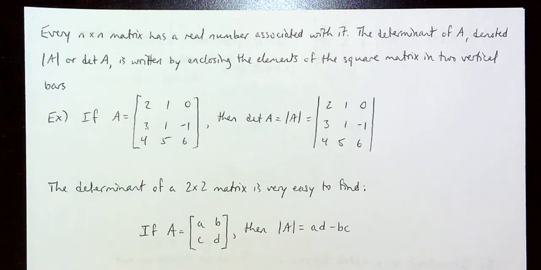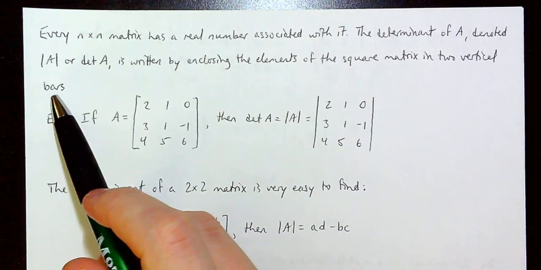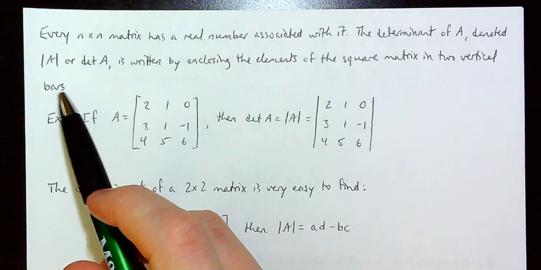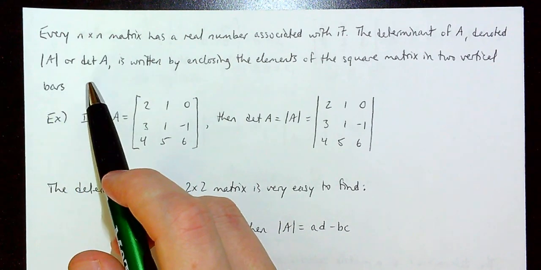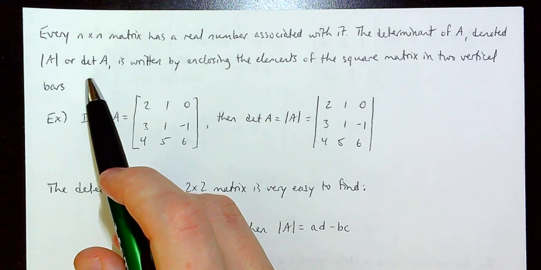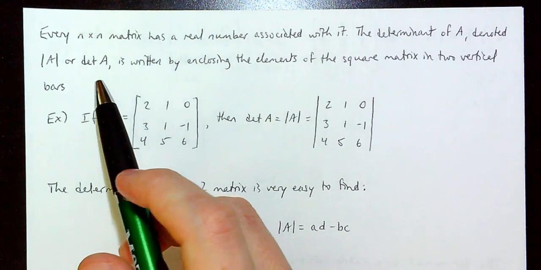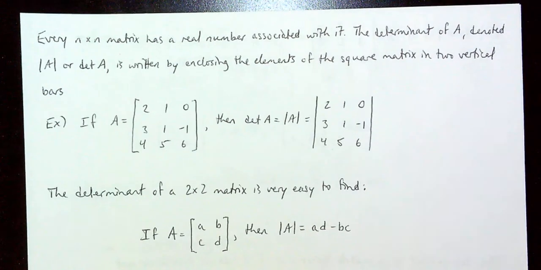The determinant of an n by n matrix A, which we denote by the absolute value of A, that's how this textbook has it noted, or if you read other textbooks, you might see det A. Either way, we're talking about the determinant of an n by n matrix A. It is written by enclosing the elements of the square matrix into vertical bars.